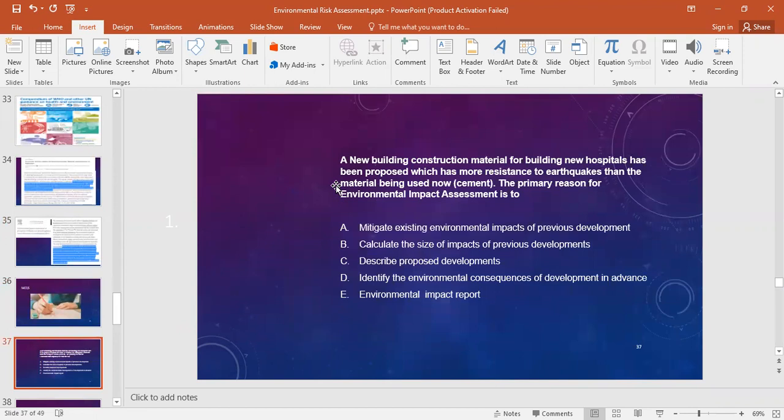A new building construction material for building new hospital has been proposed, which has more resistance to earthquake than the material being used now.